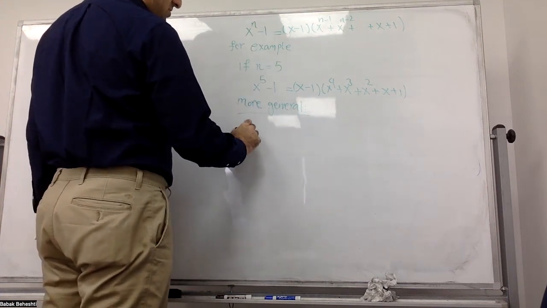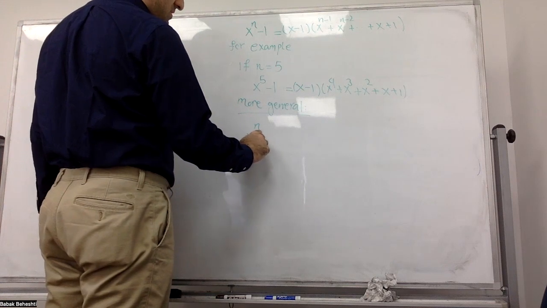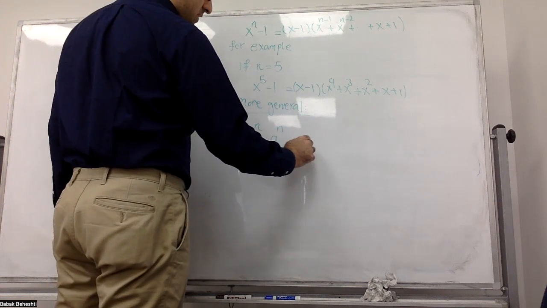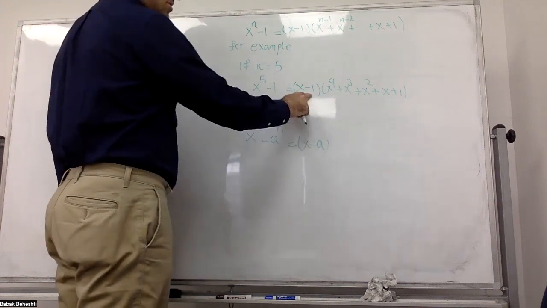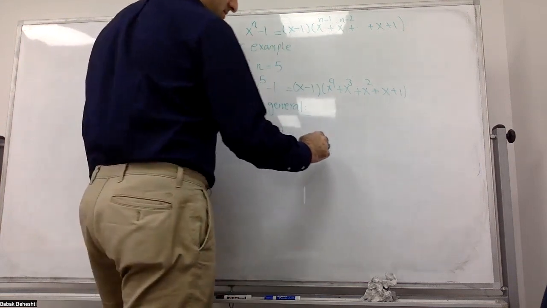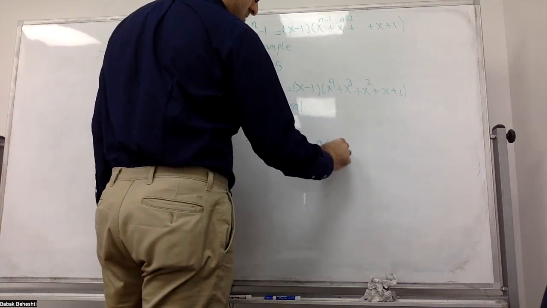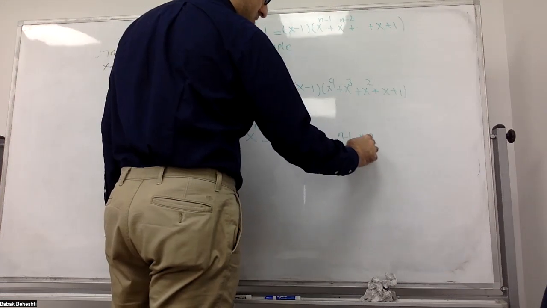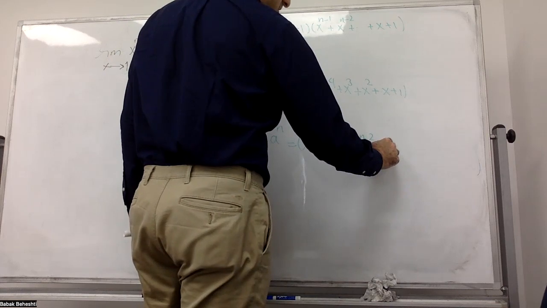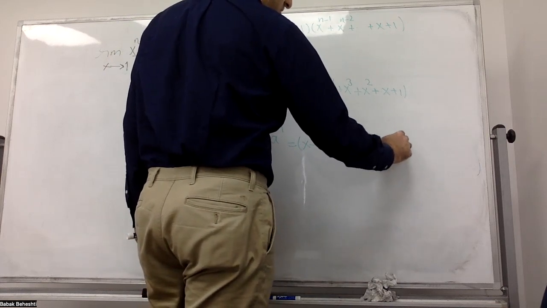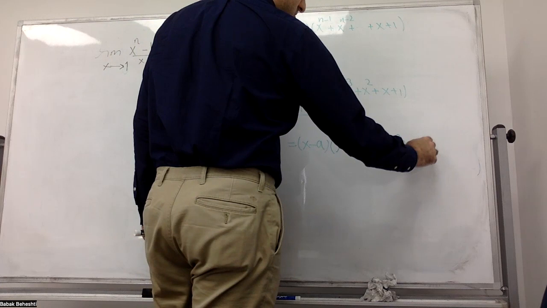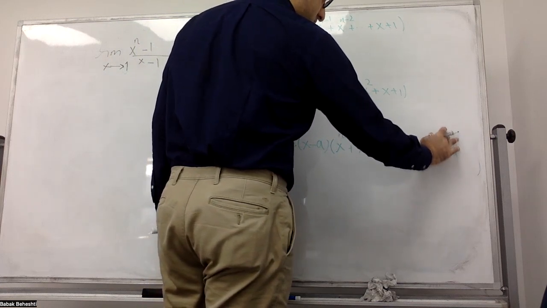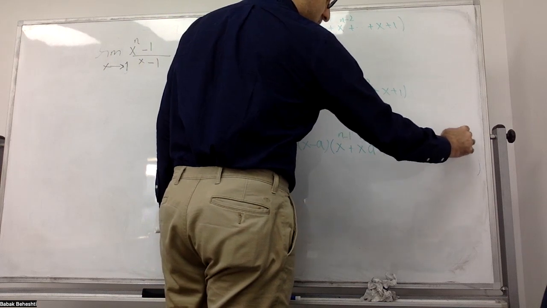But in the more general formula, we can have x to the power n minus a to the power n, and this is equal to x minus a, so here a is 1, times x to the power n minus 1 plus x to the power n minus 2 times a plus x to the power n minus 3 times a squared plus ... plus a to the power n minus 1.